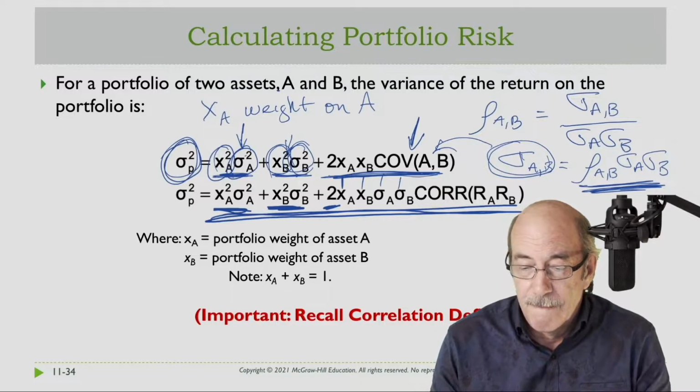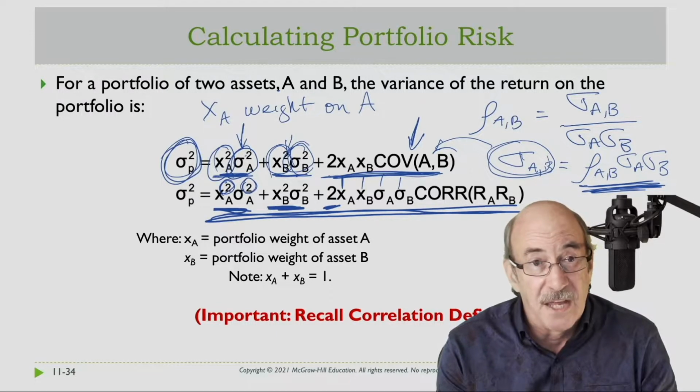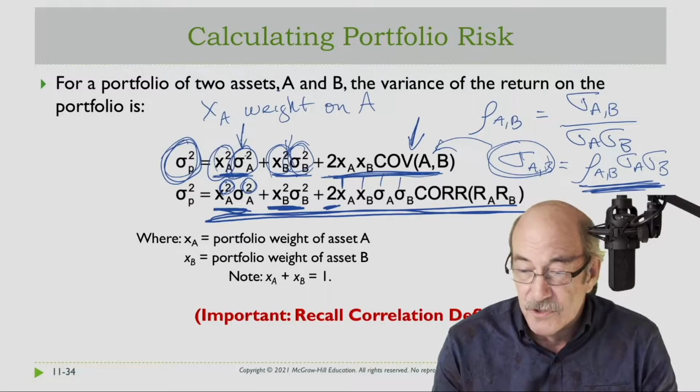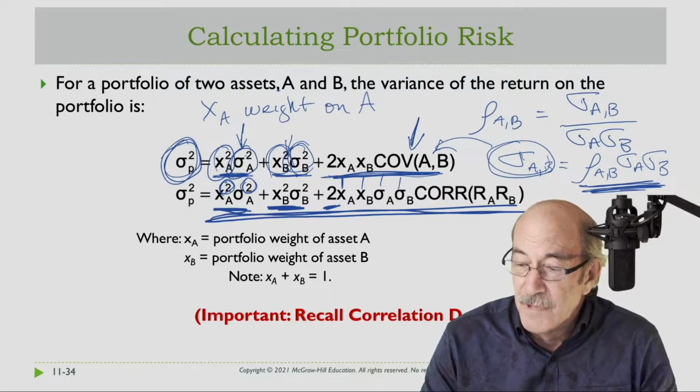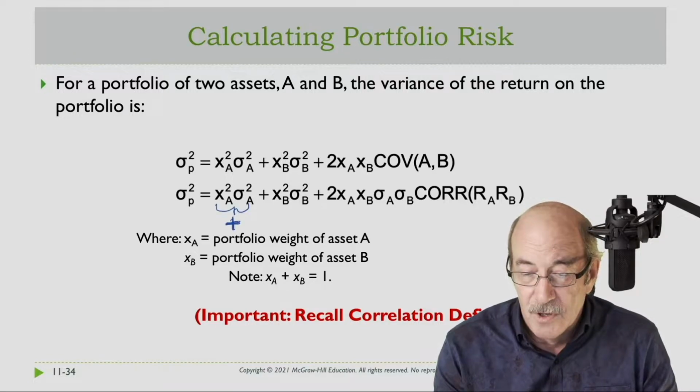Now, think about this a second. We've got an x squared term, that's positive. We have a variance term, that's always positive. So I'm going to clear this mess out, so that means that this entire term is positive. We have an x squared here and a variance here, so those are always positive.